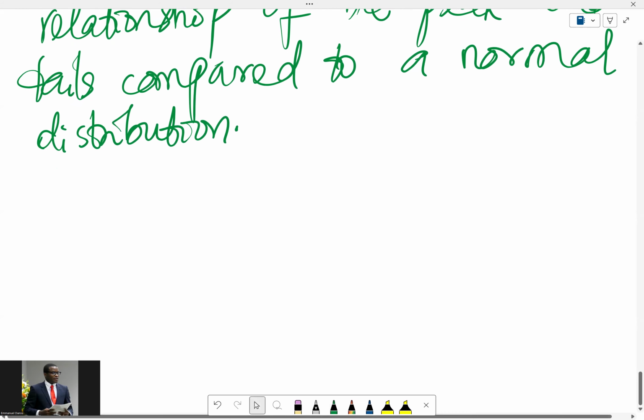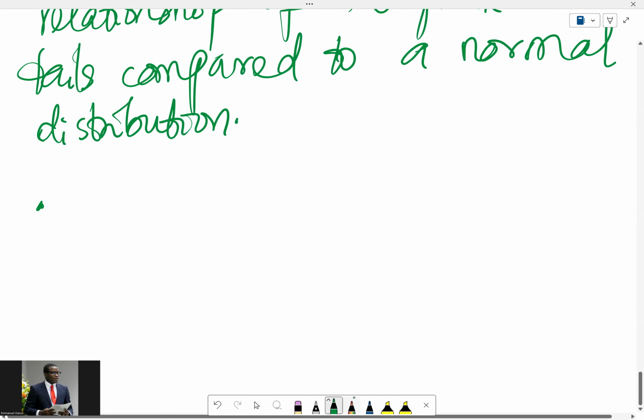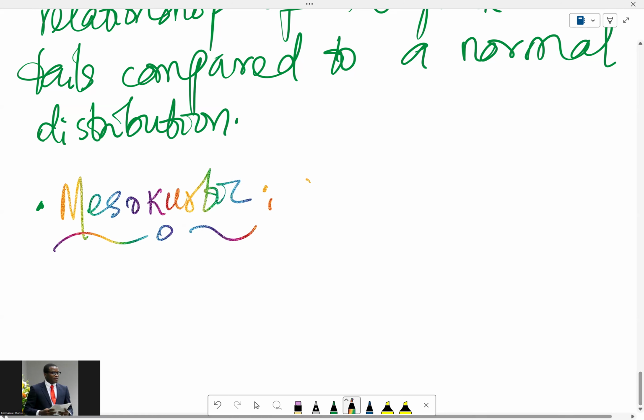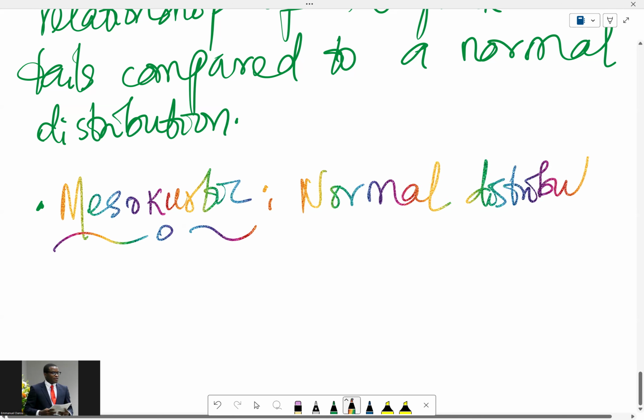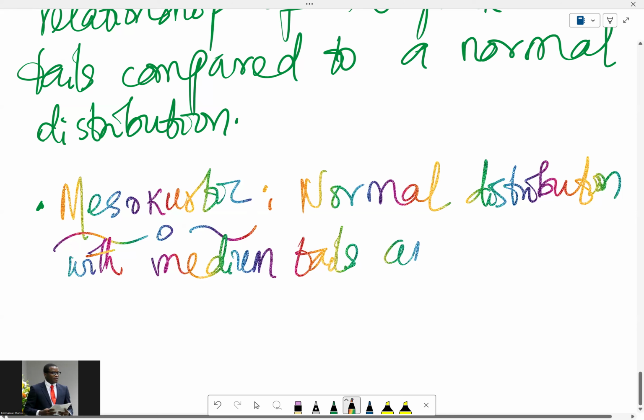So in this case, you can say a data distribution is mesokurtic. That means normal distribution with medium tails and a peak.